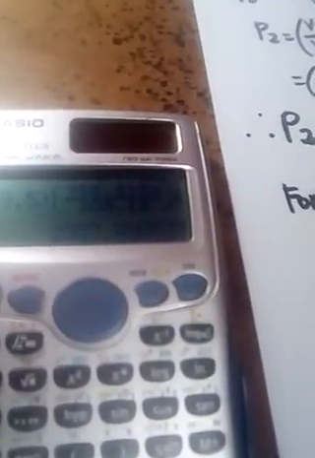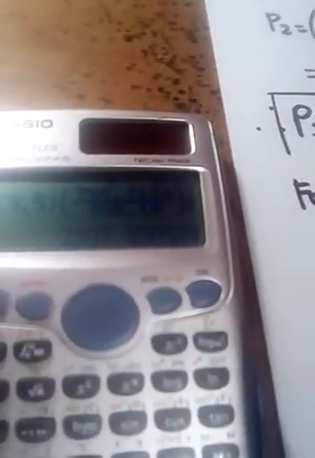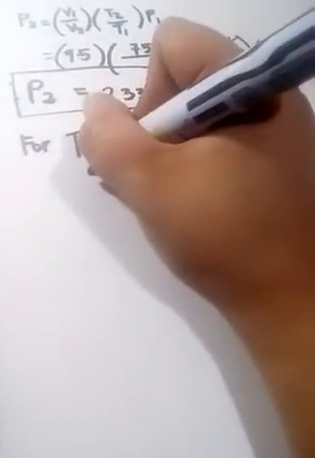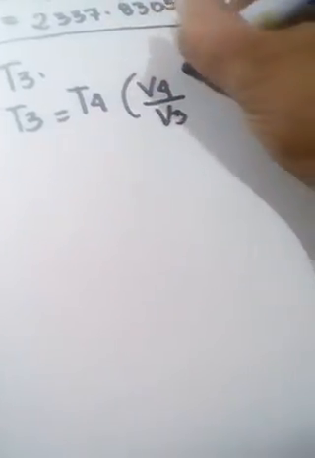Next unknown is T3. For T3, we're going to use the formula wherein T3 is equal to T4 times V4 over V3 raised to K minus 1. As you can see, V1 over V2 is equal to V4 over V3, which is equal to RK.